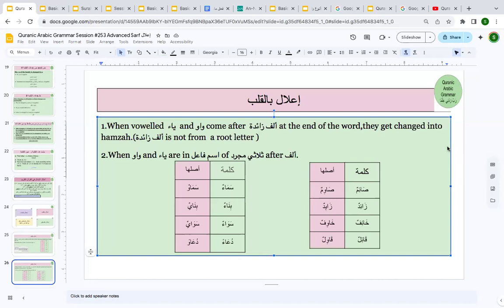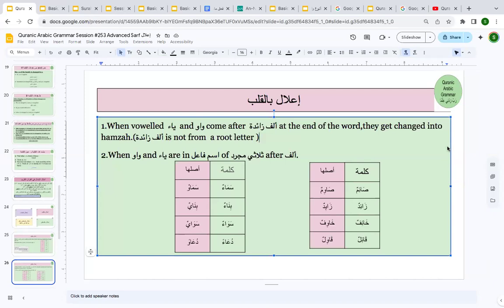These are just the rules that you're going to learn for now, and then you're going to see that there are going to be exceptions. I know where you are coming from, that yubayi'una, we just covered that in Surah al-Fath, that word, right? And ya is coming after the alif that was actually zaida and not a root letter, right? Ba, ya, ain are the root letters, and you are still seeing ya.